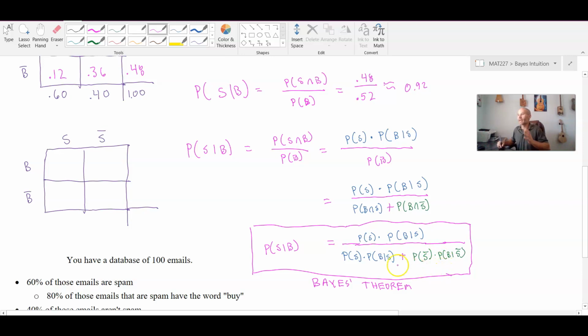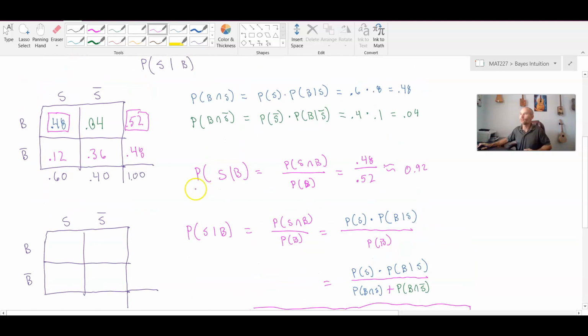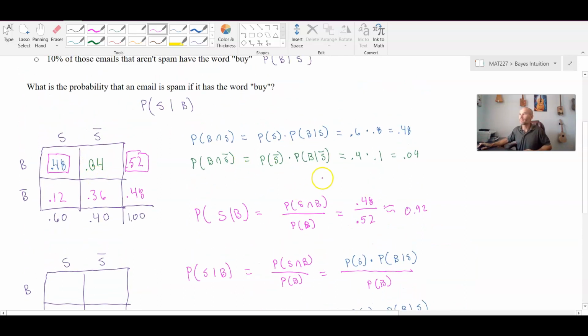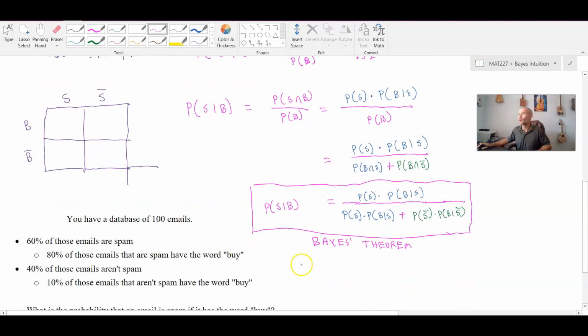So this Bayes' theorem, again, is something that we can always compute using a table. We did it. We had no issue constructing the values in the table and then calculating what we needed based on the completed version of that table. But again, it's just important to be familiar with this formula, whether or not you choose to use it.